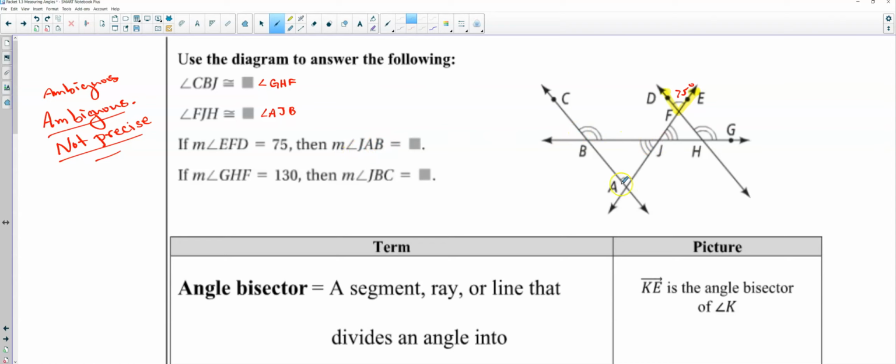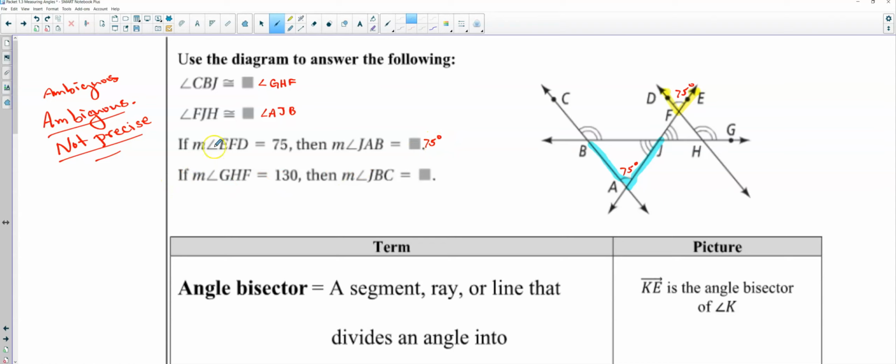Angle JAB, which is down here, that would also be 75 because these two angles are congruent. See how there is one arc and there is one arc here? That means they are congruent. That means the measurement must be the same. The definition of congruency: same measurement, same size, same shape. So it's 75 degrees right here.